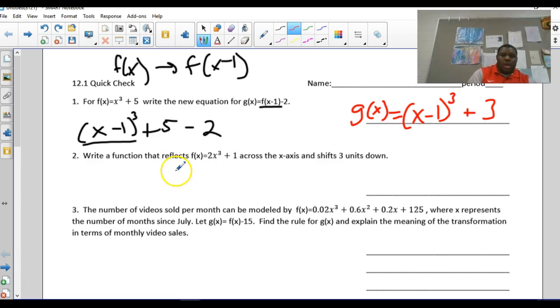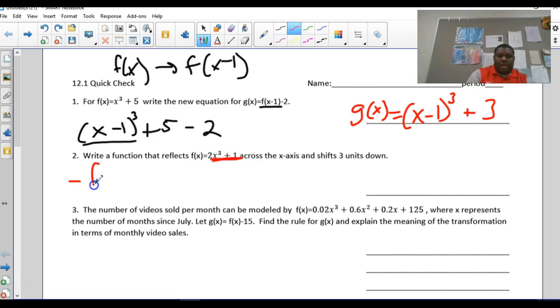Number 2, write a function that reflects f of x equals 2x cubed plus 1 across the x-axis and then shifts down 3. Now this one, guys, you just do it in the order it came, the order of operations. The first thing we're going to do is reflect across the x-axis. See how this is f of x?